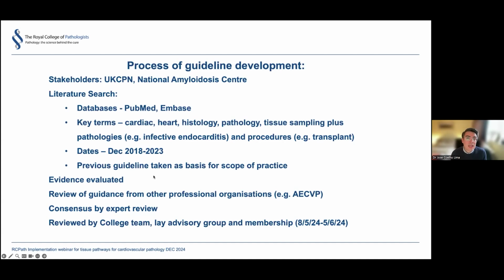To be very honest, not a great deal has changed. But we performed some updates in terms of the style, in terms of providing more images, and of course updating some references. We also reviewed guidance from other professional organizations that have been published, such as the Association for European Cardiovascular Pathology, and we reached consensus for some of the recommendations by expert review.